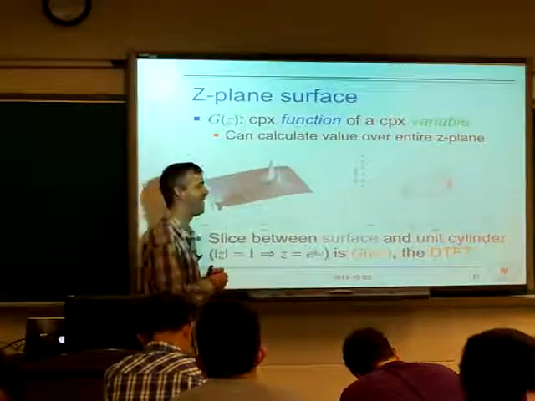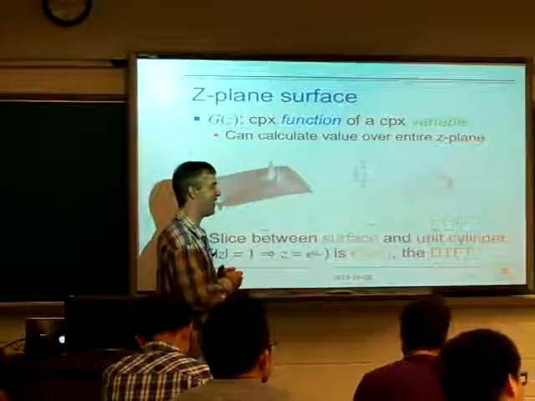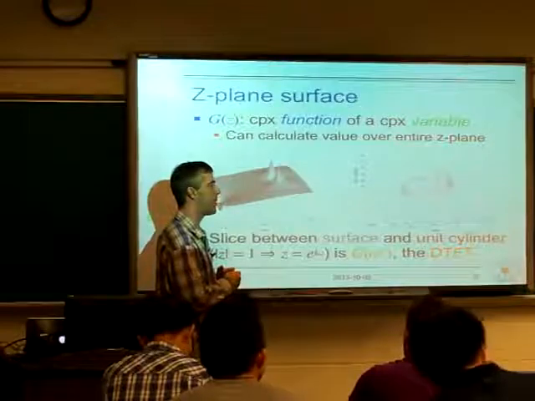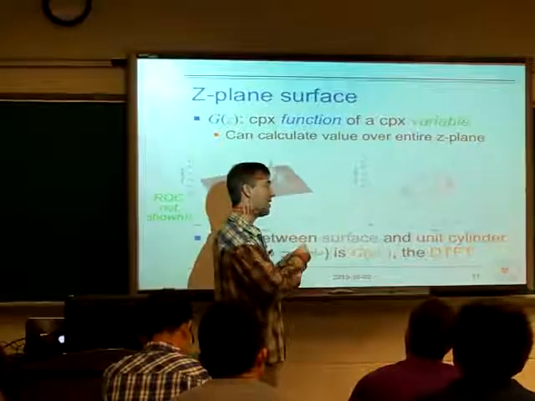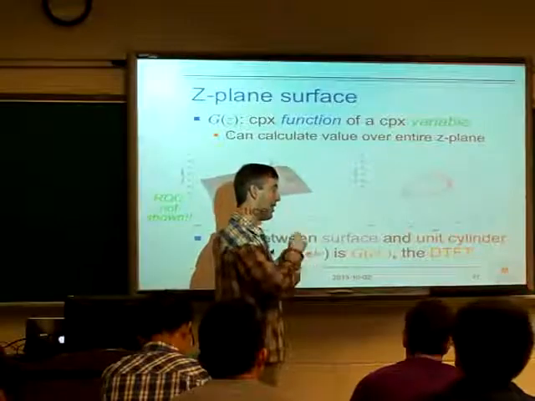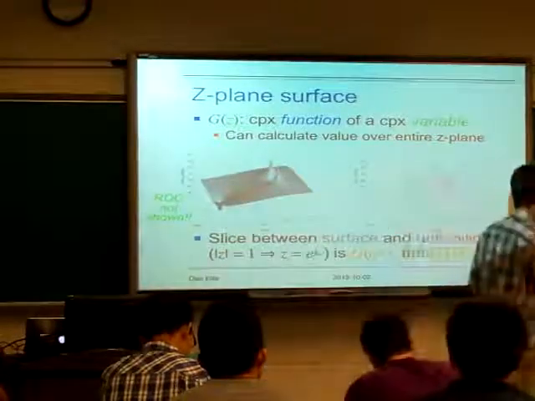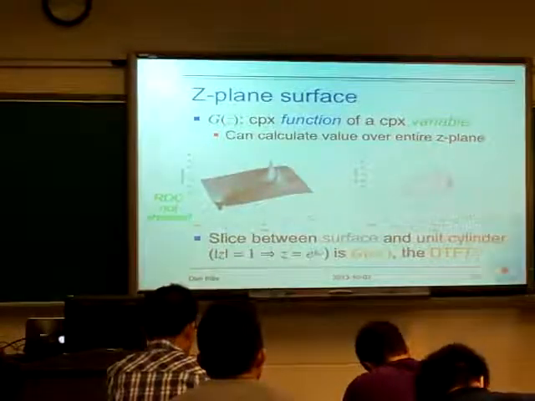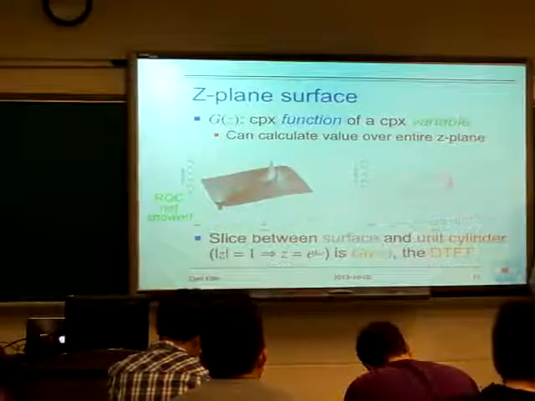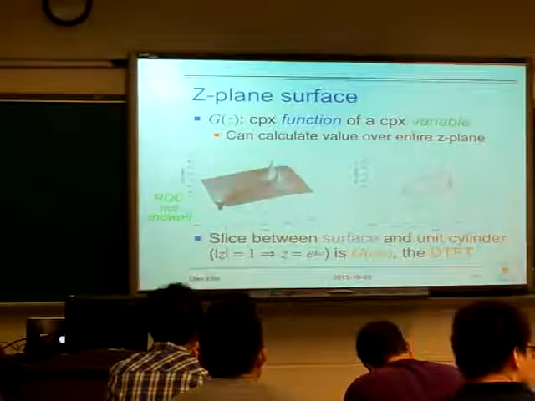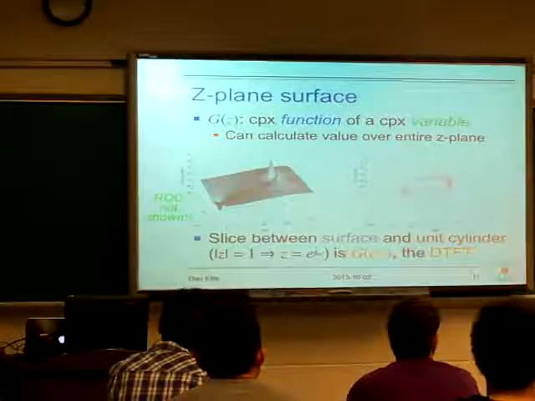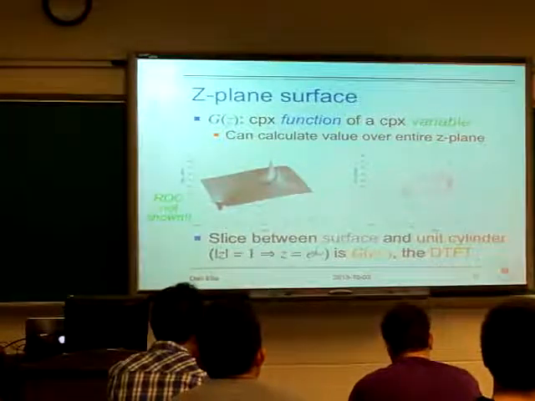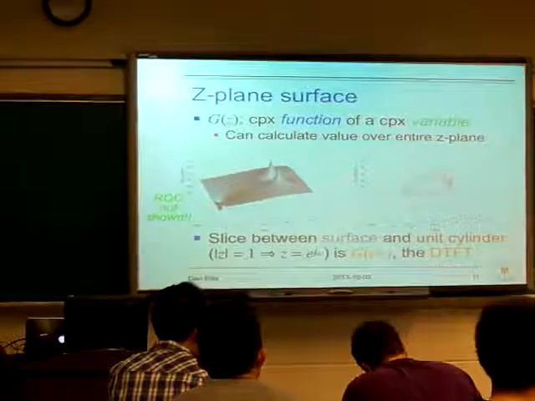Why is it that you're looking at values exactly at the unit circle to evaluate the DTFT? The reason we're looking just at the values on the unit circle is because the DTFT, X of e to the j omega, equals the sum over all n of x of n e to the minus j omega n, right?